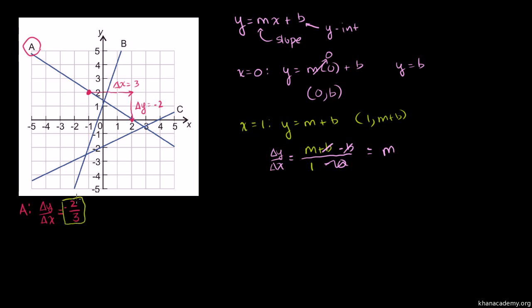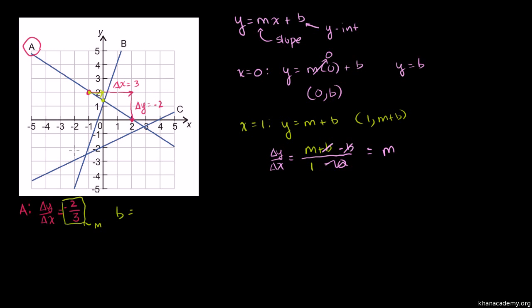Now we have to figure out the y-intercept. So that right there is our m. Now what is our b, our y-intercept? Well, where does this intersect the y-axis? We already said the slope is negative 2/3, so this is the point where y is equal to 2. When we go over by 1 to the right, we would have gone down by 2/3. So this right here must be the point 1 1/3, or another way to say it, 4/3.